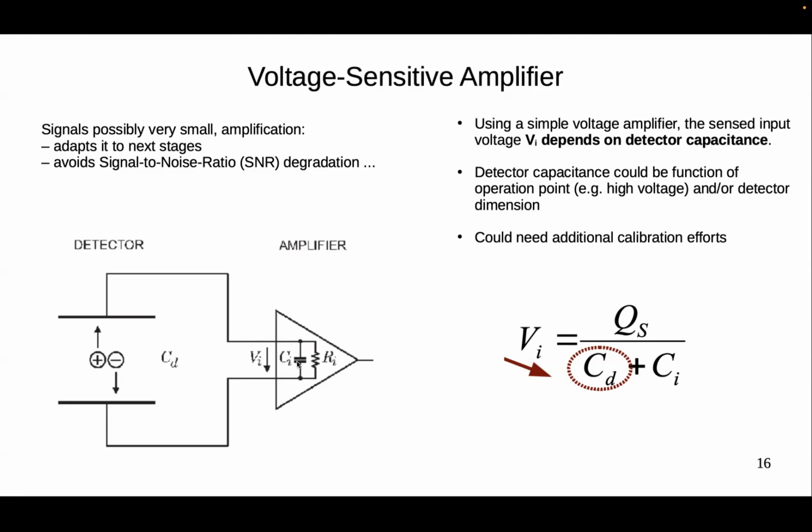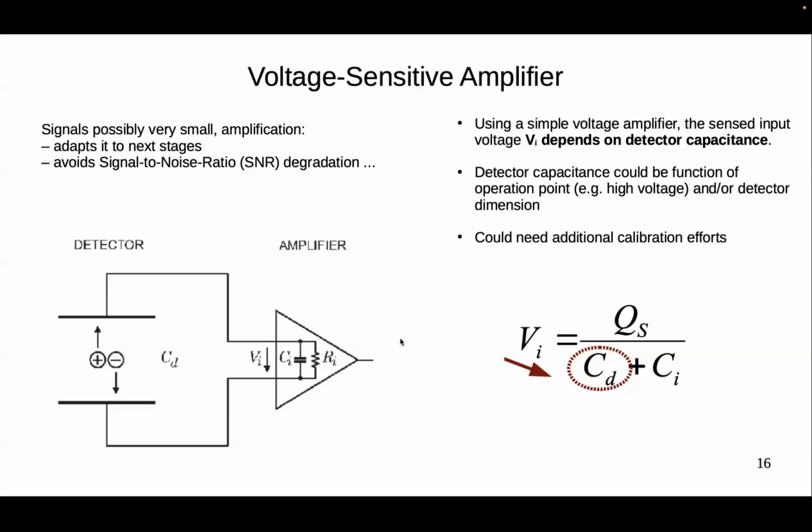That is very closely related to the design of a proper amplifier for a detector. Why? Because the model of a detector is a capacitor, and we also have capacitance in the input. So we have to take this into account for the design and understanding of the behavior of operational amplifiers.